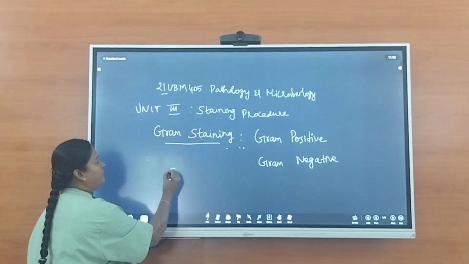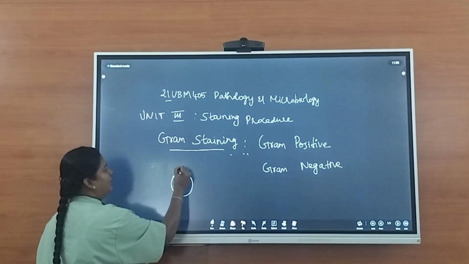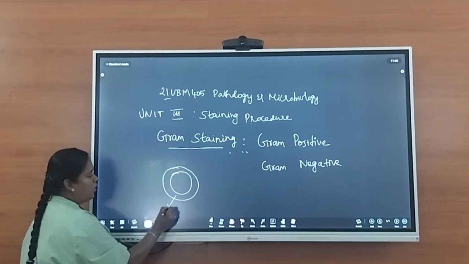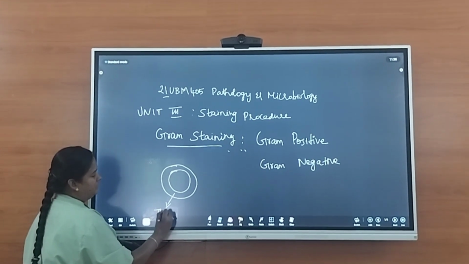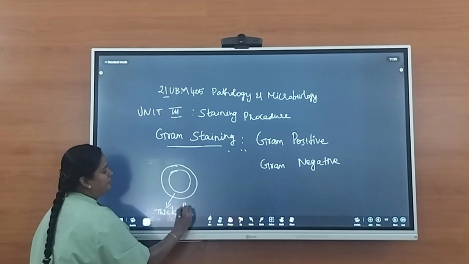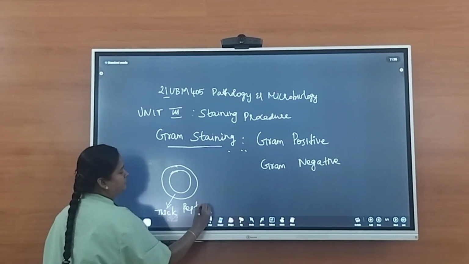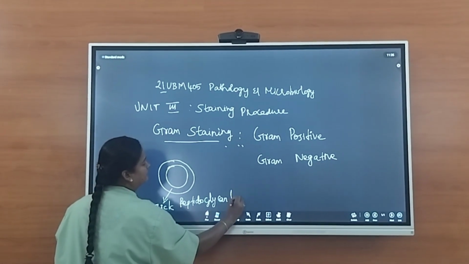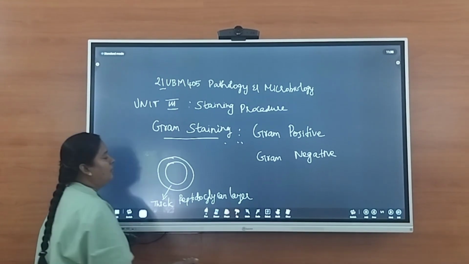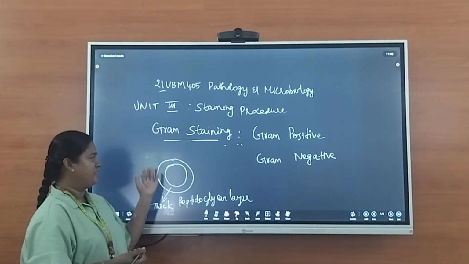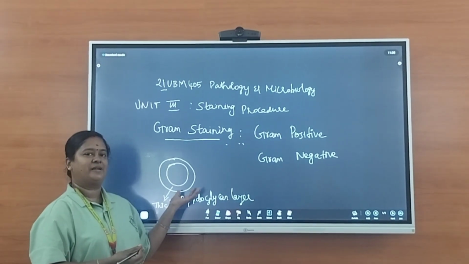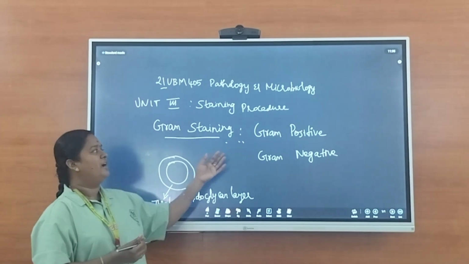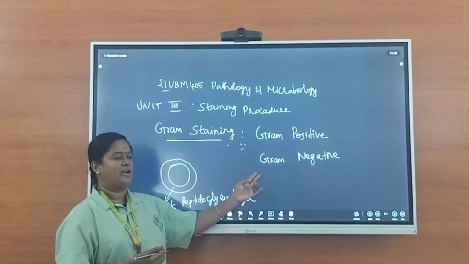For example, gram positive bacteria have a thick peptidoglycan layer as the outer layer of the cell. Some bacteria have this characteristic, some do not. Based on that characteristic, we separate them as gram positive or gram negative.